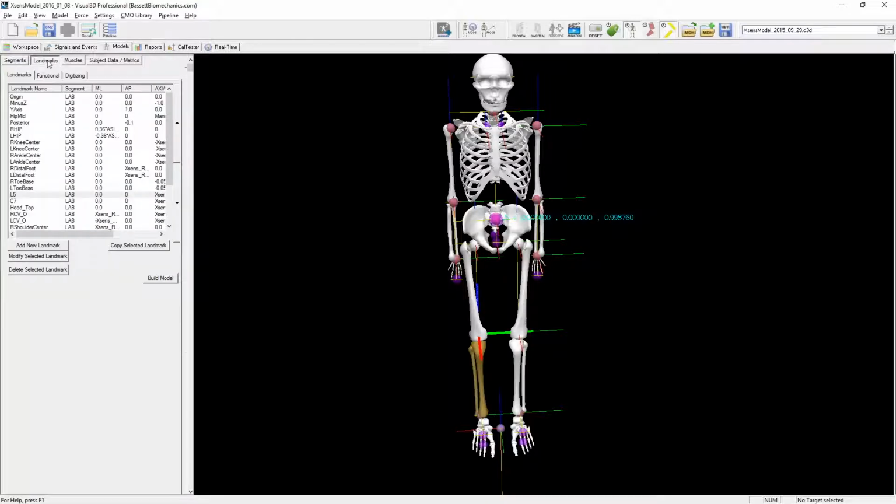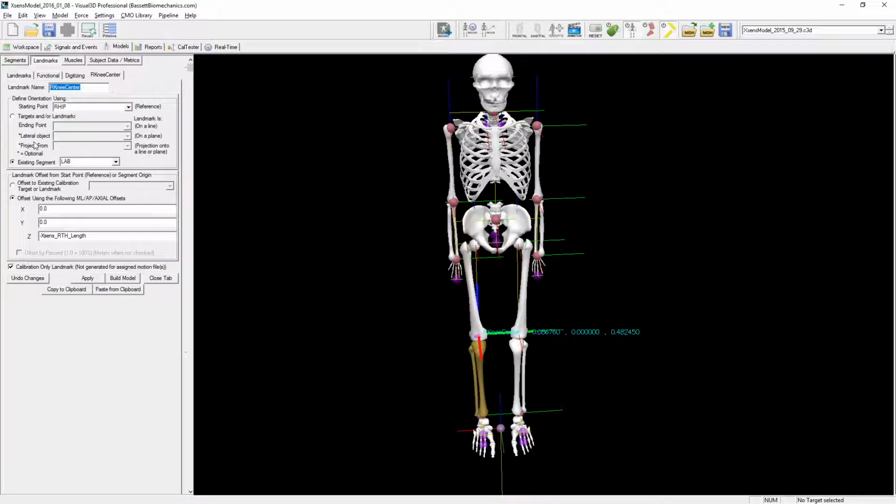Well, if we go to landmarks again, let's go look at right knee center. And what you notice is it starts at the right hip and it's moving within the lab coordinate system in the negative z direction the length of RTH, which in Visual3D, RTH is the thigh.